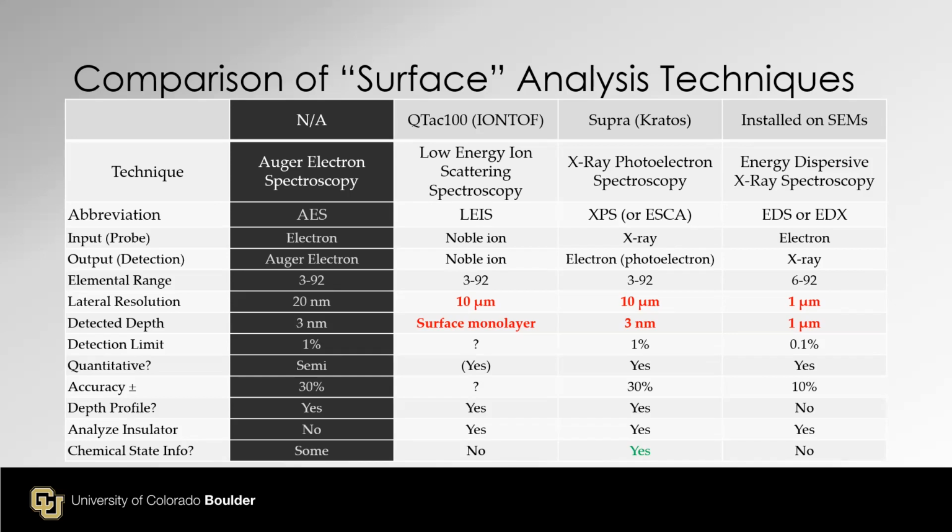And detected depth, sampling depth would be, say, 3 nanometer-ish. Something similar to XPS. Okay. The detection limit, I got the number from somewhere, 1% maybe, and quantitative accuracy 30% maybe. Depth profiling by using the sputter gun is possible and pretty standard for Auger.